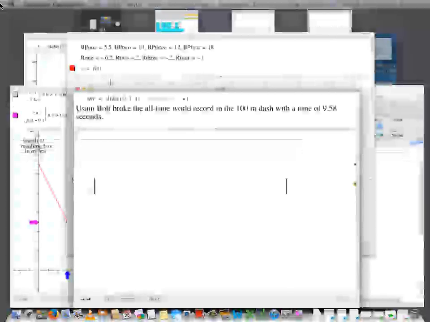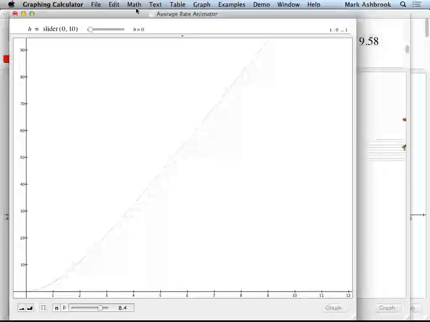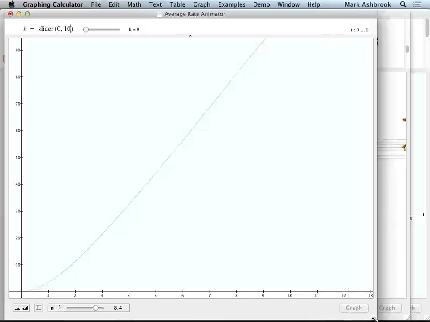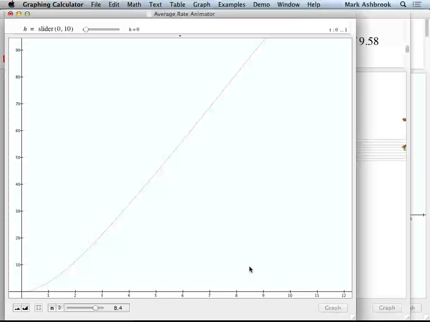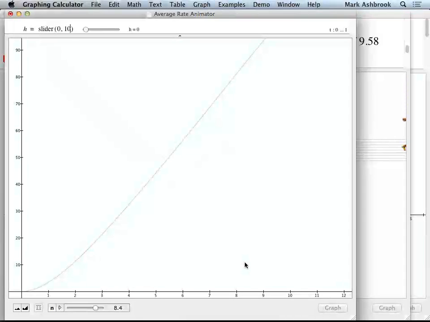Here's a graph of distance versus time of Usain's race. You just have to imagine the 100, since I can't quite show it all. If I zoom out, it's kind of small.